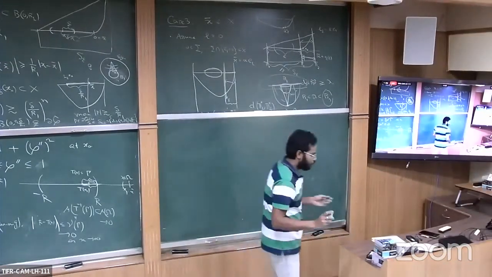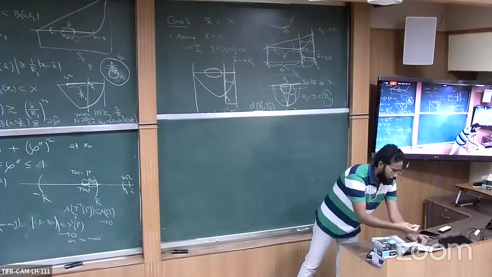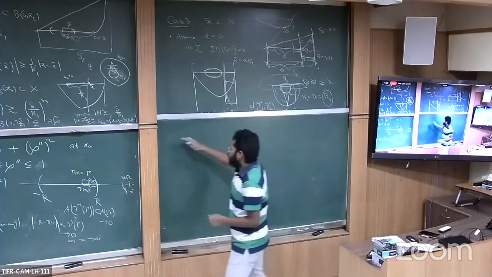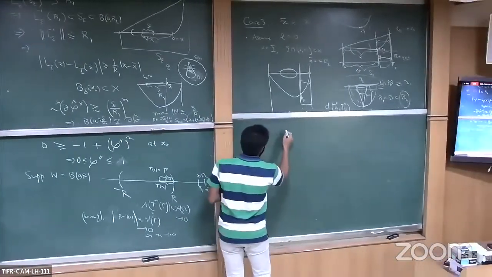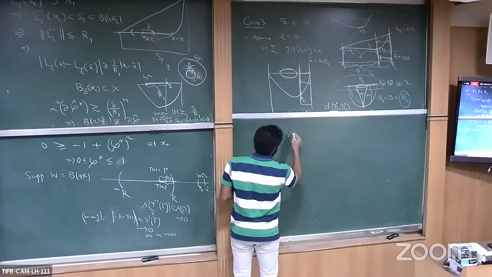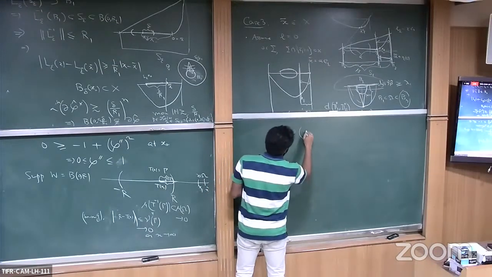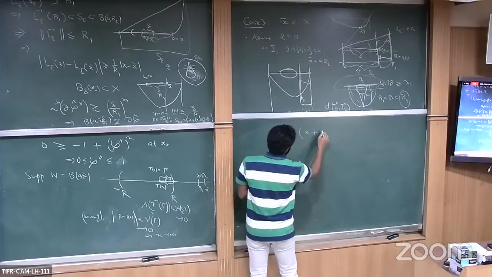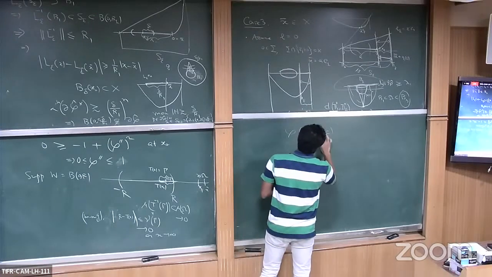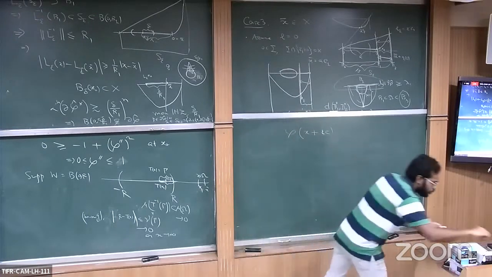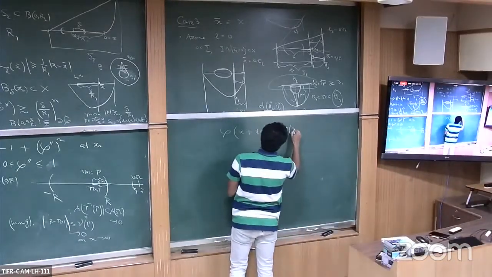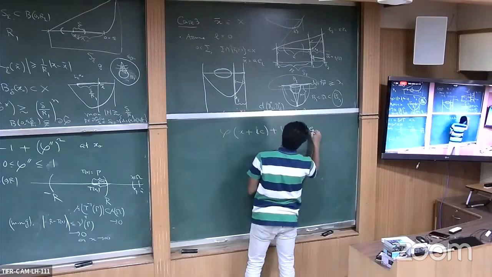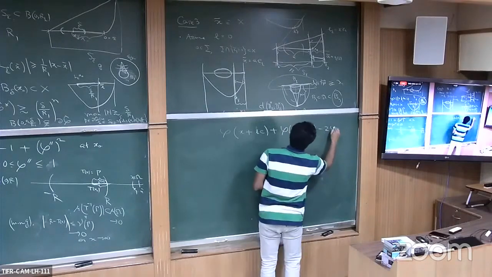Okay. So I just wanted to show how these computations hold. So in high dimension, what you consider is the second order difference: phi of x plus epsilon e, plus phi of x minus epsilon e, minus 2 phi of x.